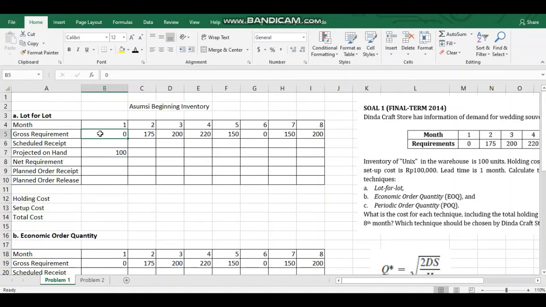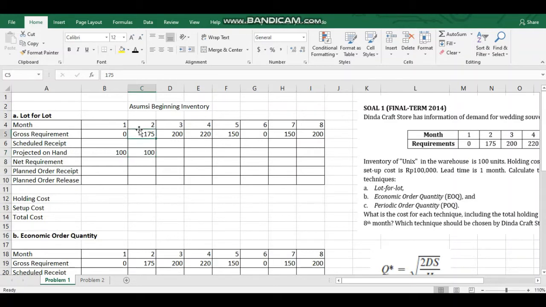Okay, so at the first month we have no requirement of that souvenir, so our inventory, this 100 units, is not used, right? And it will be carried to the next month, which is the second month. So at the second month we still have 100 units in our projected on hand, or our inventory.